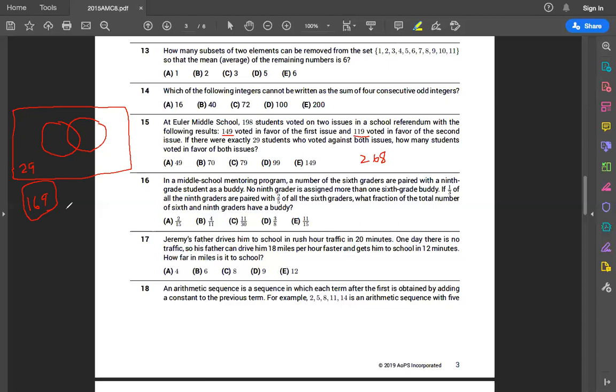So the students that voted in both issues would be counted twice in this 268. So all we have to do is find the difference between these two. It's the difference between the middle students getting counted once here and getting counted twice in the 268. So the difference is 99, and that's the number of students that voted in favor of both issues.